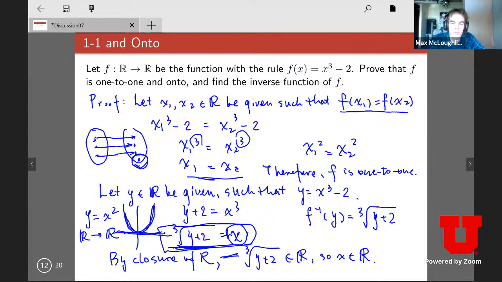And this is definitely also not an onto function if we say that the codomain is R, because the negative ones don't have anything corresponding to them. They don't have any x. So this is neither one-to-one nor onto. Probably not the best example, but does that make sense?